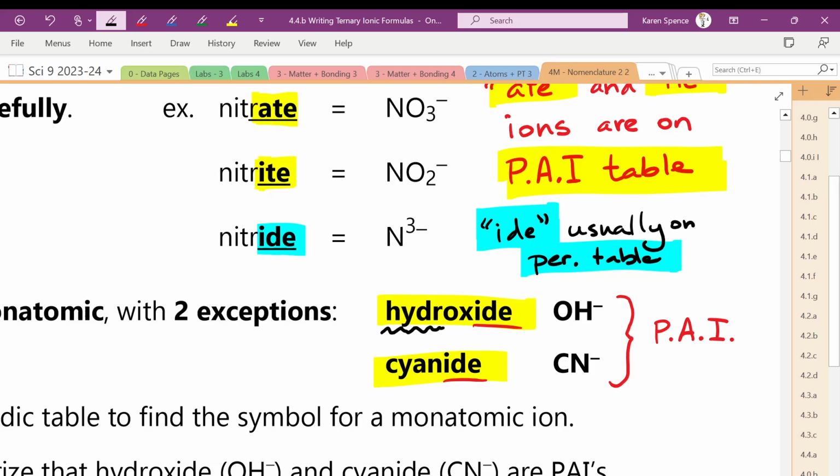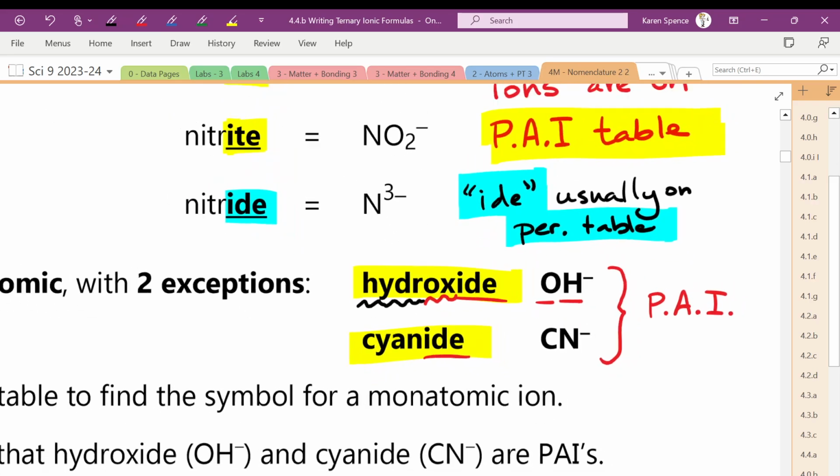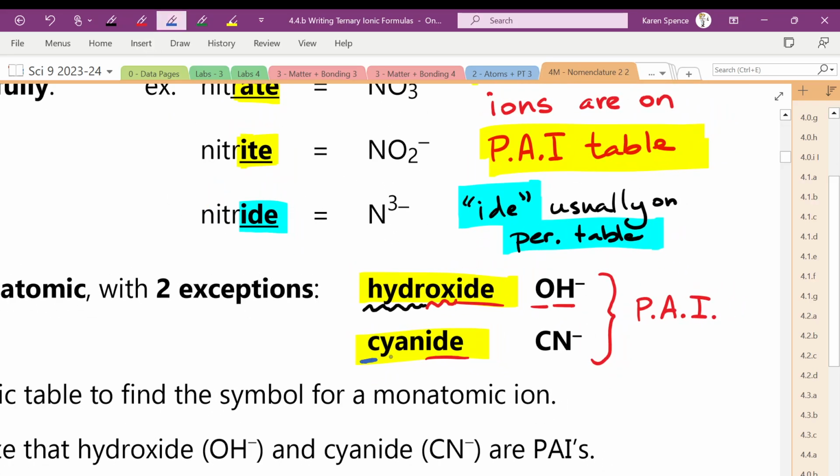Hydr, ox. What elements do you think are in hydroxide? Hydrogen and oxygen. Okay, so we have oxygen and we have hydrogen. And actually, cyanide is kind of nice as well, because you can see that we have a C and an N. So it is made of carbon and nitrogen. So it's two different types of atoms stuck together with a charge, so that is a polyatomic ion. Okay?